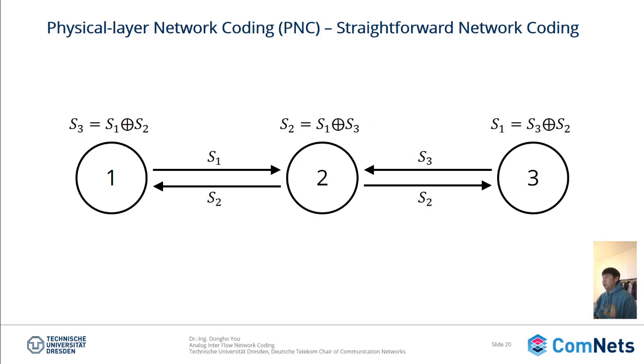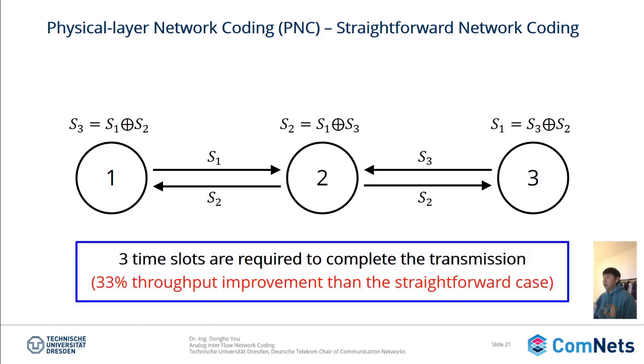Since node 1 has its own data S1 here, the desired data S3 can be easily extracted by XOR operations. Similarly, since node 3 also has its own data S3, the desired data S1 can be easily extracted by XOR operations. Therefore, in the case of straightforward network coding, 3 time slots are required to complete the transmission. Since this reduces 1 time slot compared to the previous case without network coding, 33% of throughput can be improved.